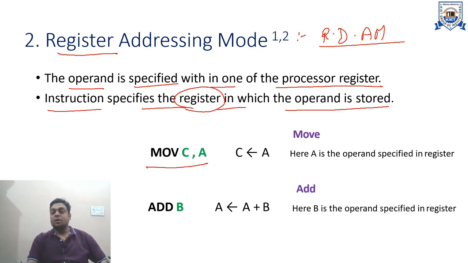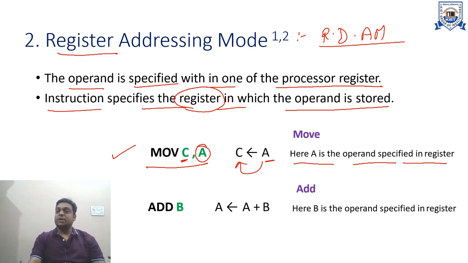Let's take an example. MOV C, A. So the operand is in A and the destination is C. So the content of A will be moved to C. A is the operand specified in the register. So this is the register addressing mode or register direct addressing mode, in which the content of this register is directly transferred to the destination register.